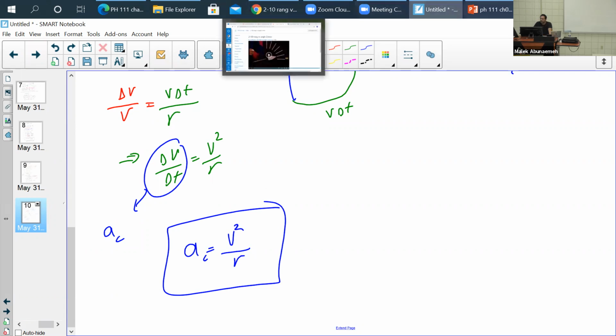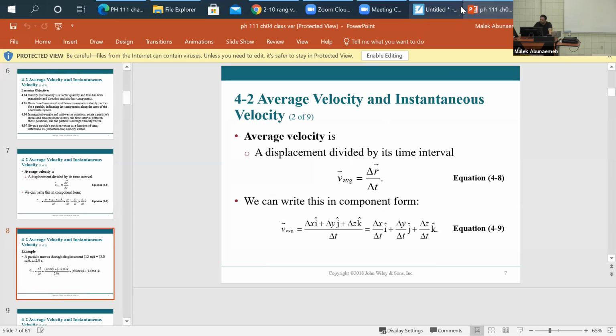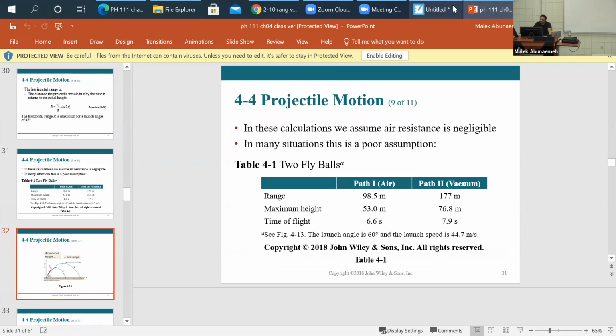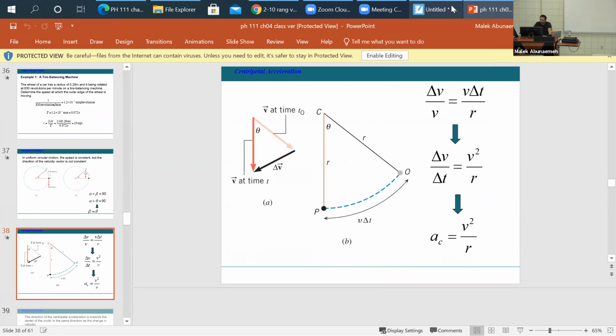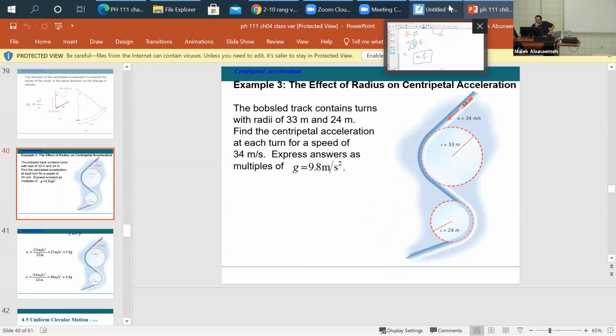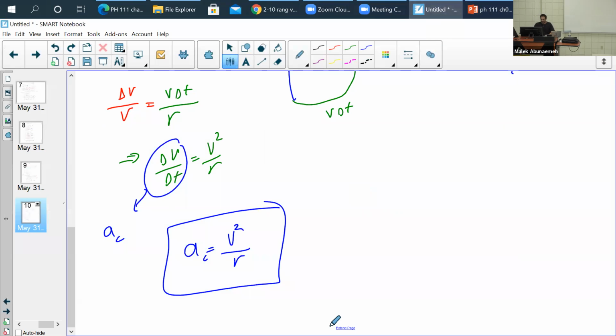So I think we have a question about this. The bobsled track contains turns of radius 33 and 24 meters. Find the centripetal acceleration for each, at a speed of 34 meters per second, with the answer in multiples of g.